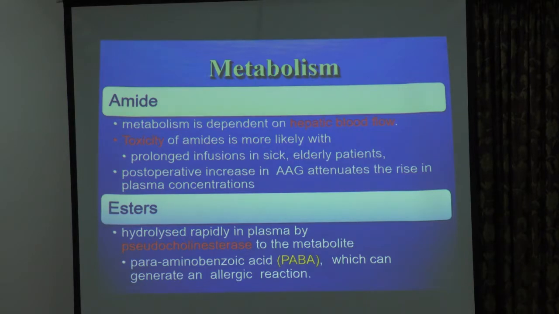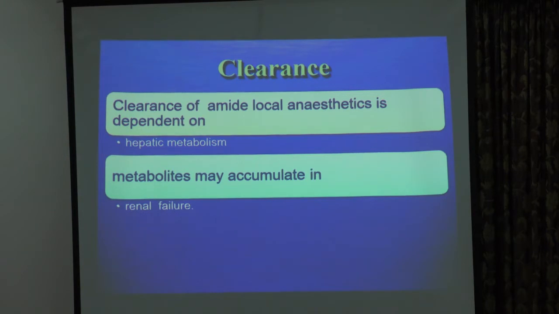We said the amides will be broken down by the liver with the cytochrome P450 enzyme, and then the esters will use the plasma cholinesterase or the pseudocholinesterase, and that is where the allergic reaction is coming from because of this PABA, which is para-aminobenzoic acid that is produced.